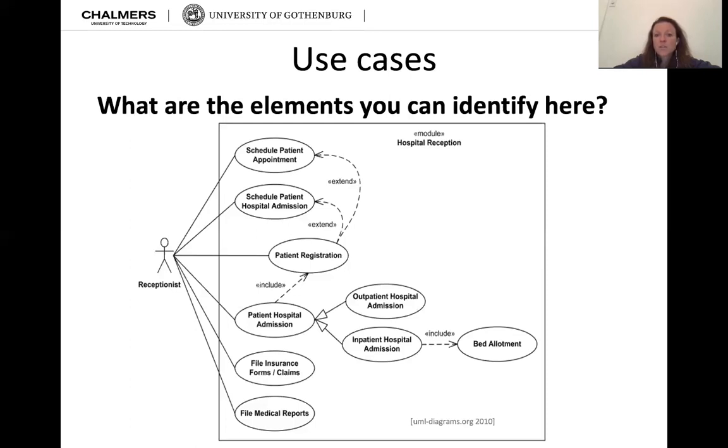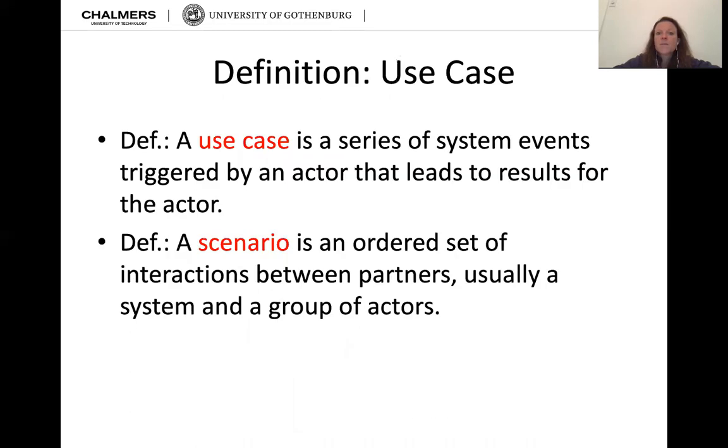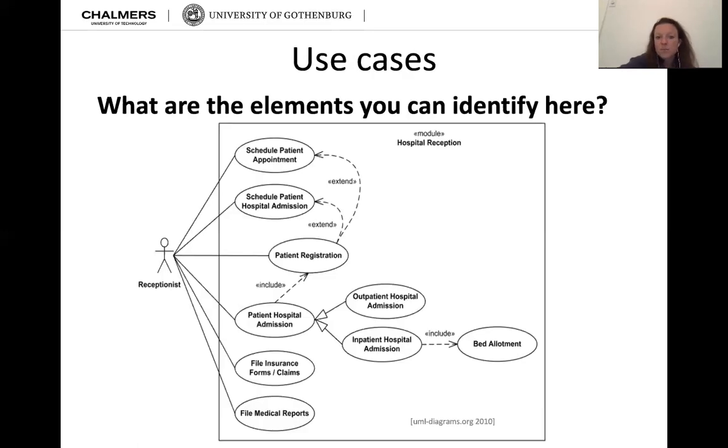So this is a use case overview diagram with several use cases. And then each of those use cases gets described in more detail in a scenario. And a scenario is an ordered set of interactions between partners, usually a system and a group of actors. So for example, the receptionist and the hospital reception system.